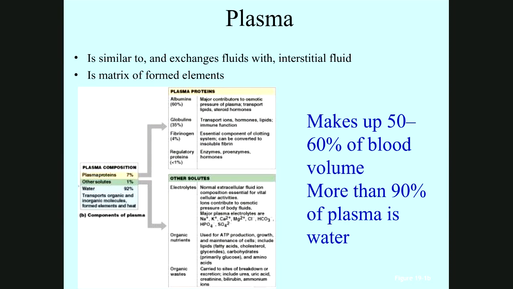So we said that between 50 to 60% of the blood volume is plasma, and more than 90% of that plasma is water. And 7% of this plasma are proteins: albumin, globulin, fibrinogen, and regulatory proteins. Fibrinogen is very important. We are going to see that it plays a role in clotting, and can be converted to fibrin, which is insoluble.